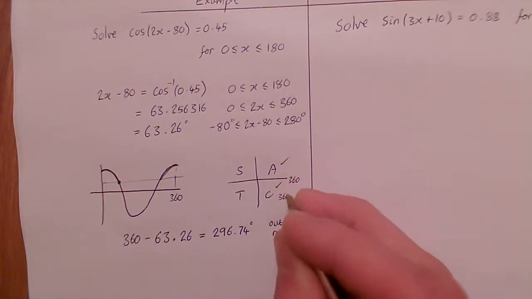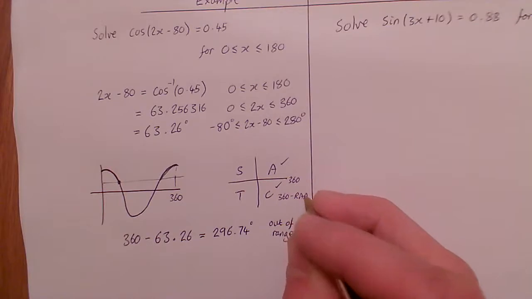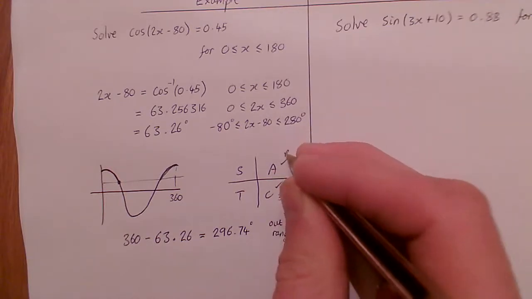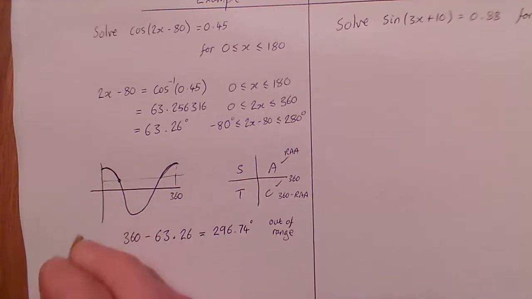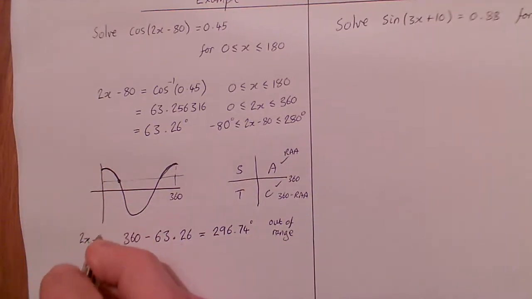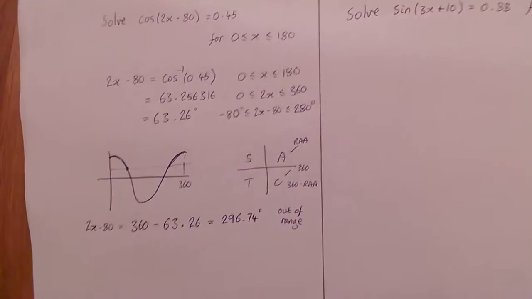So we're doing 360, take away our relative acute angle. And that is our relative acute angle. So this calculation turns up whichever way you do it here on the cast, but it's still out of range. So that's important. We're not going to involve this answer at the end. We don't have to because it's bigger than the range that we've worked out for our 2x minus 80 to be. I should have put my 2x minus 80 there.